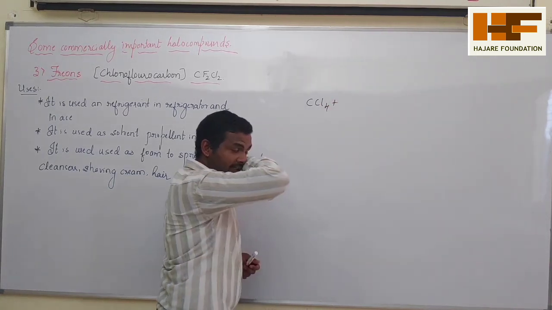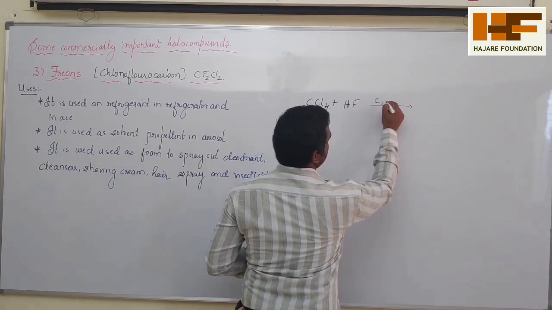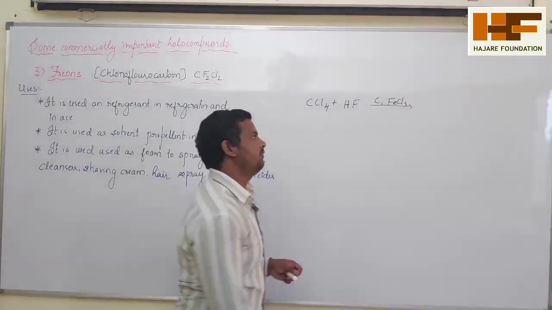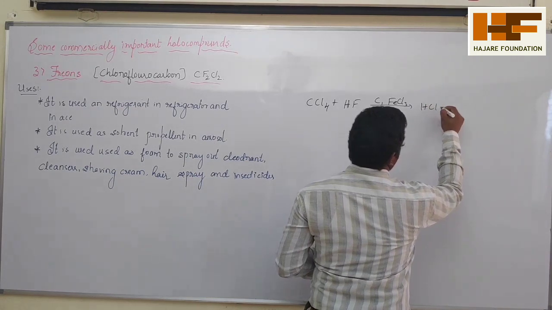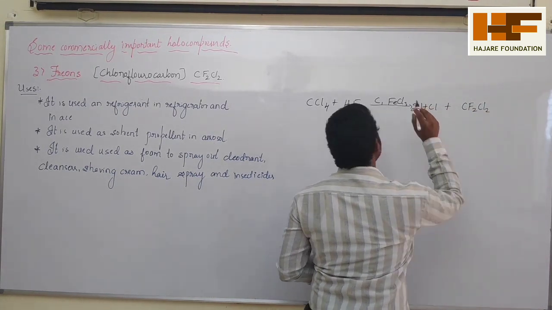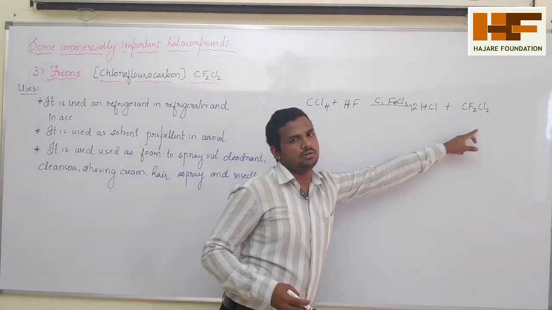CCl4, when treated with hydrogen fluoride in the presence of carbon and ferric chloride, forms HCl plus CF2Cl2. This is the preparation of the chlorofluorocarbon.